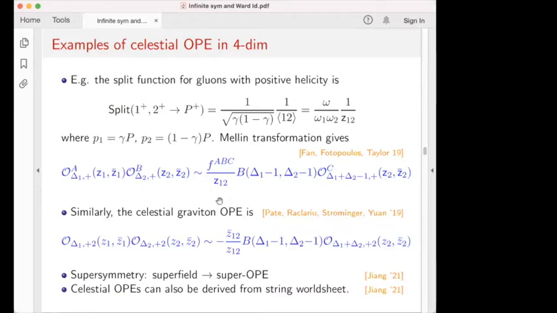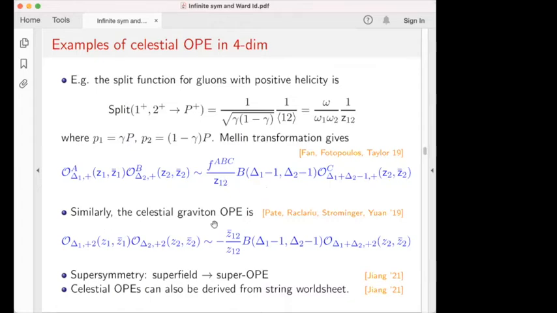In particular, we have this power of z12. And furthermore, we have this beta function. This is unusual for a standard CFT, but it's important for celestial CFT. In particular, if delta is some negative integer, then we will have a pole. And that is consistent with my previous definition of a soft current, just to soak up this pole.